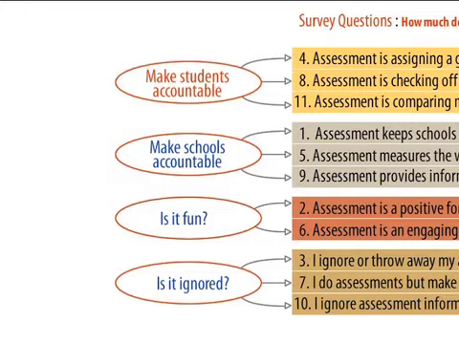Now, factor analysis produces a set of data which says, here's how much this item and others are explained by a common trait. For example, for items 4, 8, and 11, the data display shows that the common trait, make students accountable, explains 0.66, 0.67, and 0.59, respectively, of these 3 items.